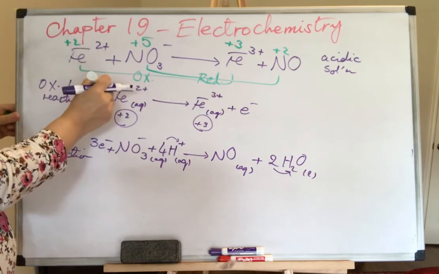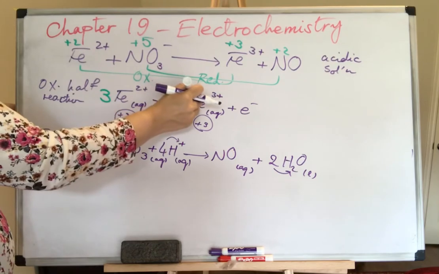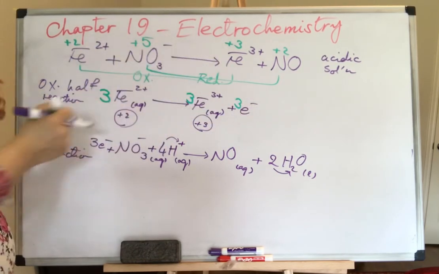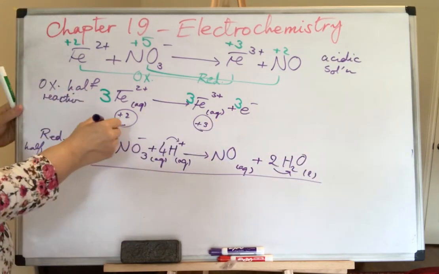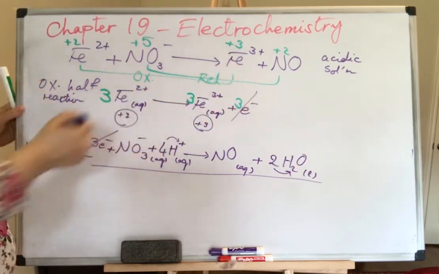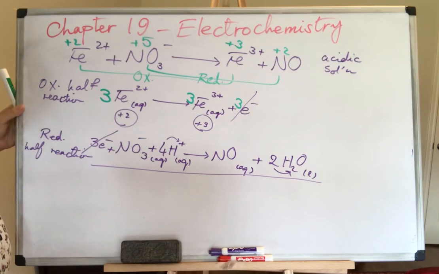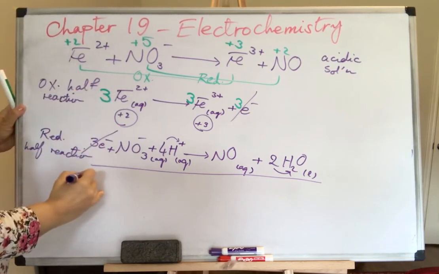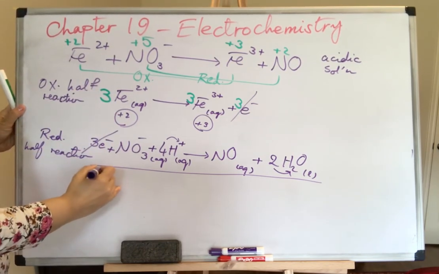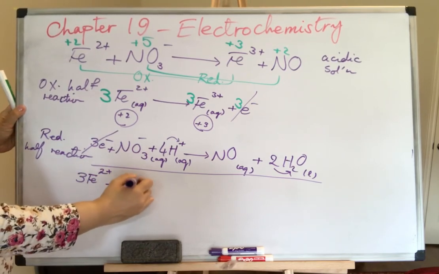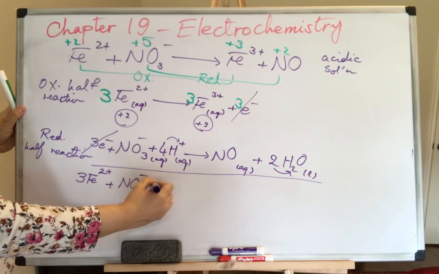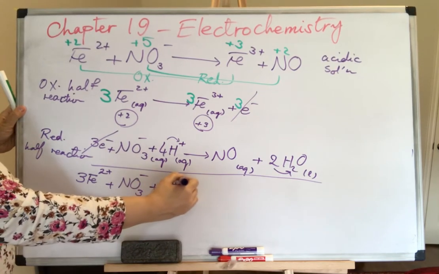So go ahead and multiply the top reaction, both sides, by 3. So now, when you add them up, you can cancel 3 electrons and 3 electrons. So what is left here is 3 Fe2+, plus NO3-, plus 4 H+.